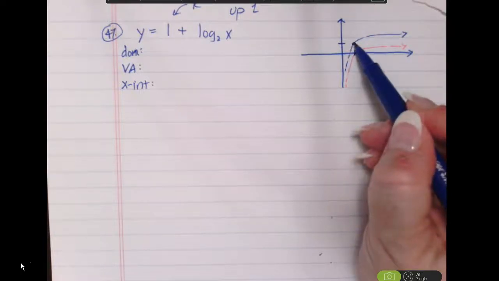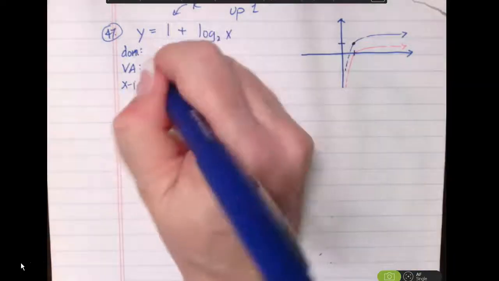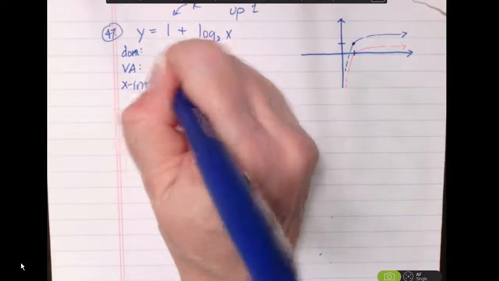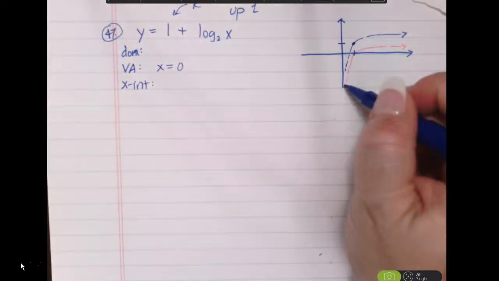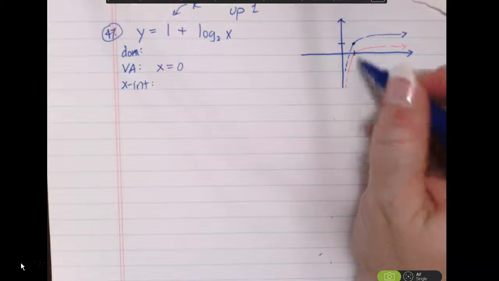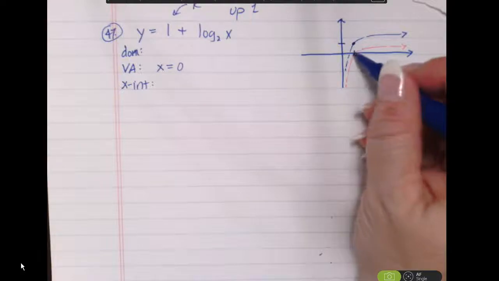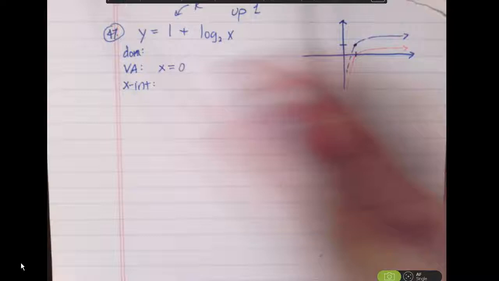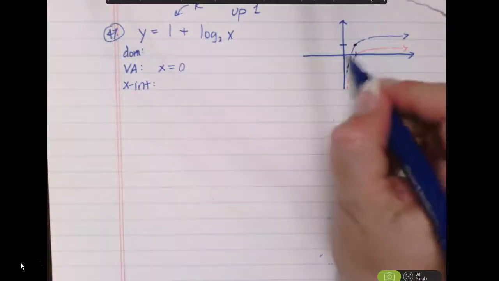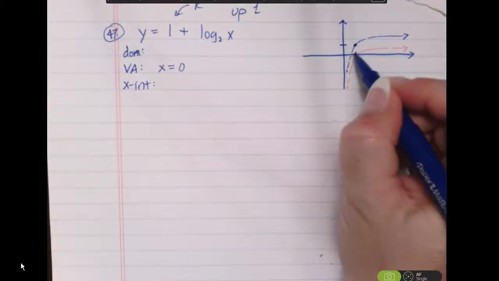Just because I move it up 1, my vertical asymptote doesn't move. It's still at x equals 0. And then my x-intercept, though, it's interesting. I've got to figure out where this point is. It's somewhere between 0 and 1.